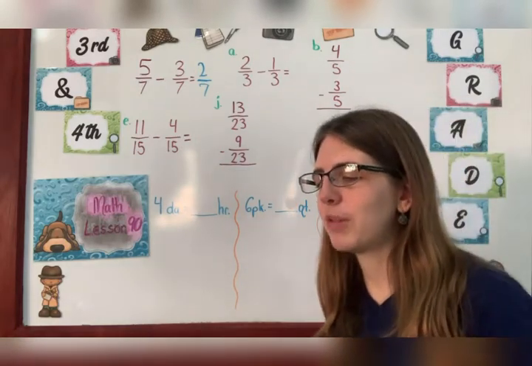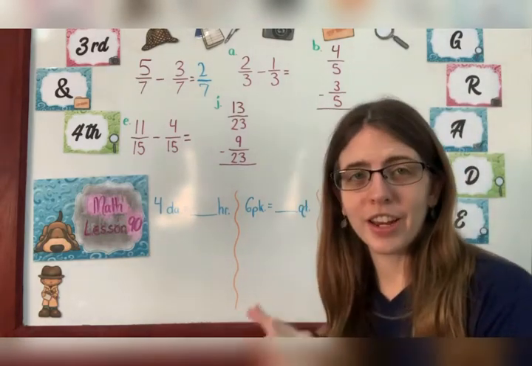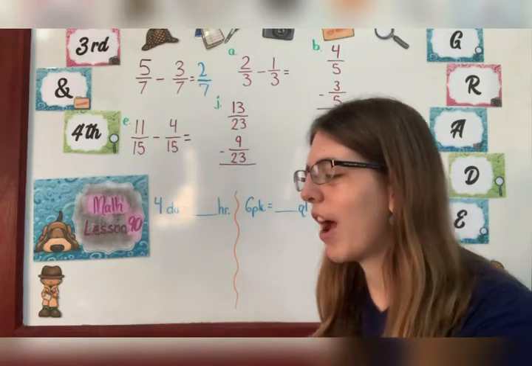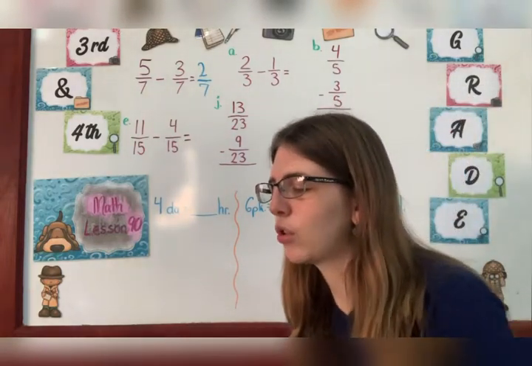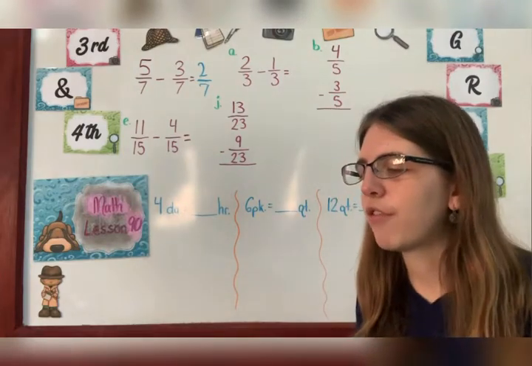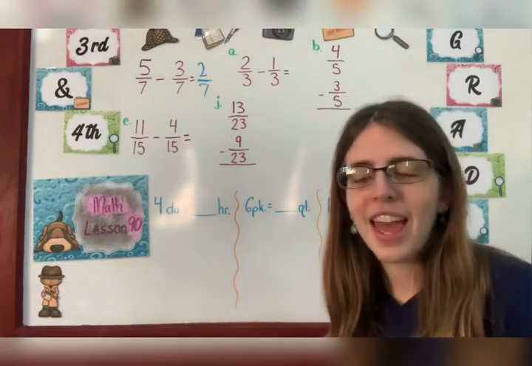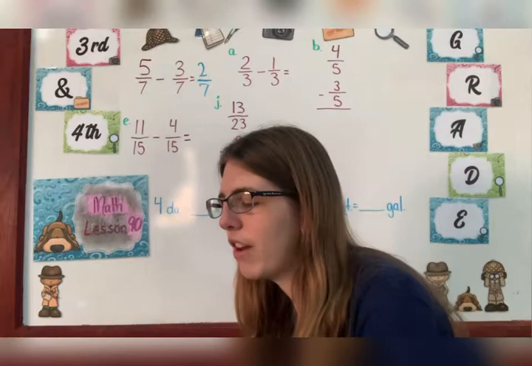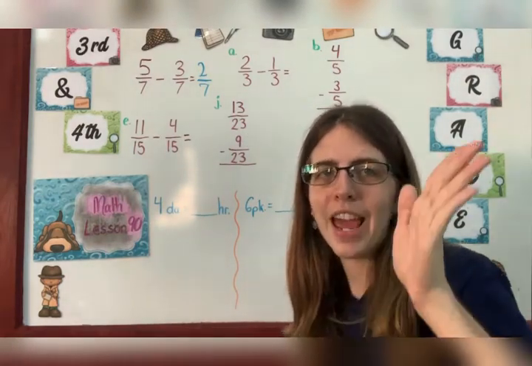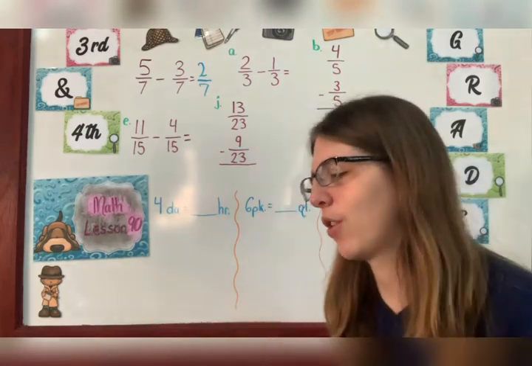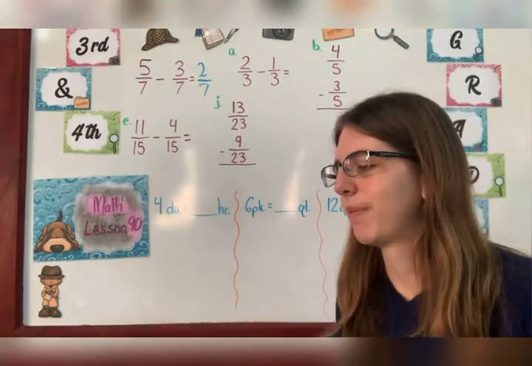But this one we're going to be doing together in your book. So look at number 1. This is letter A. And you see there they have a circle that shows the fraction 2/3. And then you see they've colored one of those 2/3 a slightly different color to show you that you're taking away that 1/3. So what do you have left?